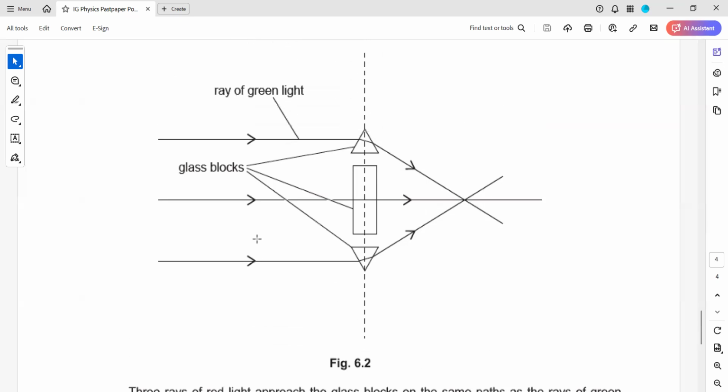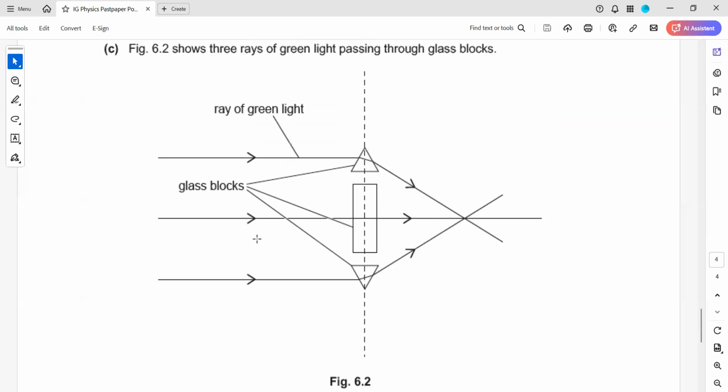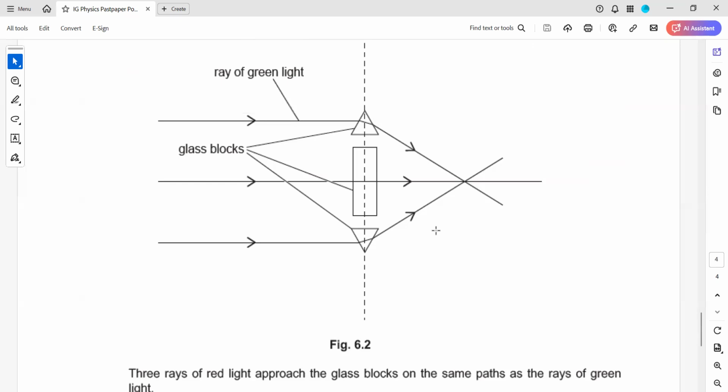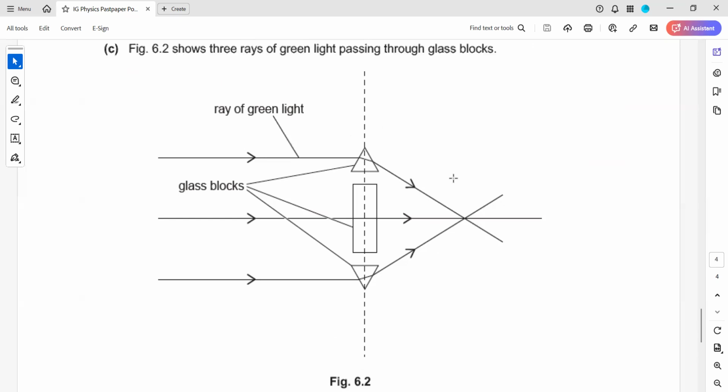Okay, here. This is the green light. We want to make a path for red. Will red bend more or less? Less. For the prism on the top, it will be above, like this.